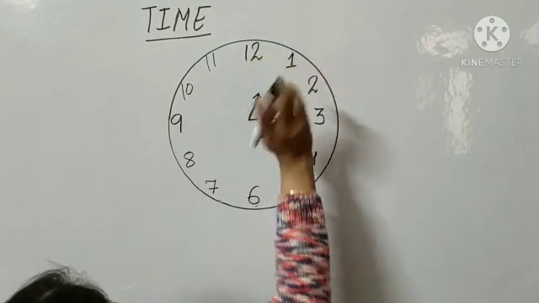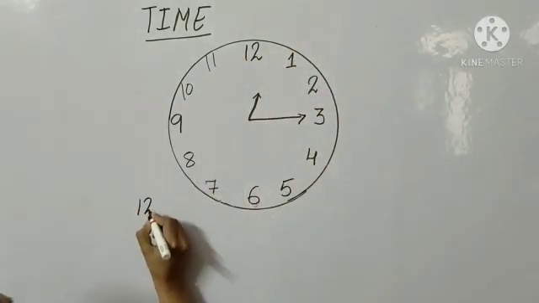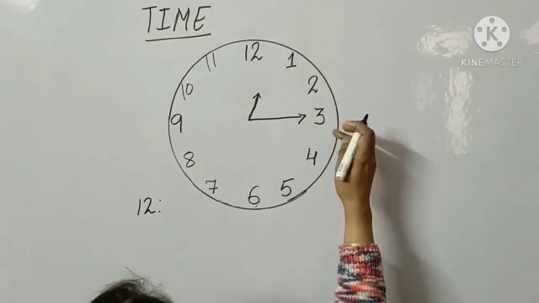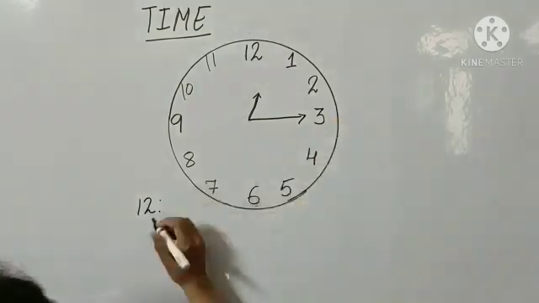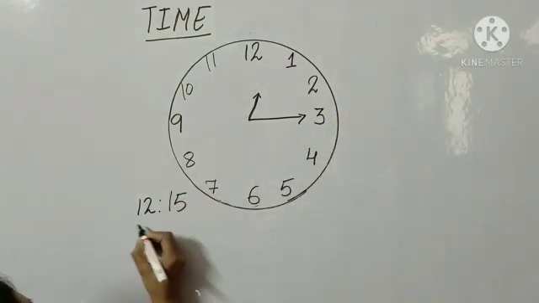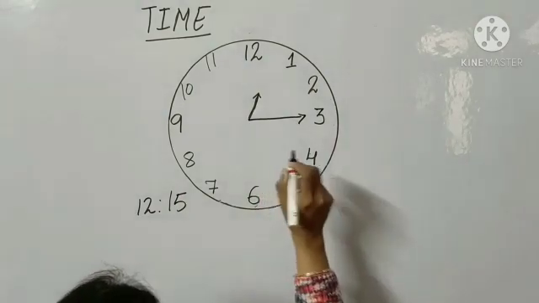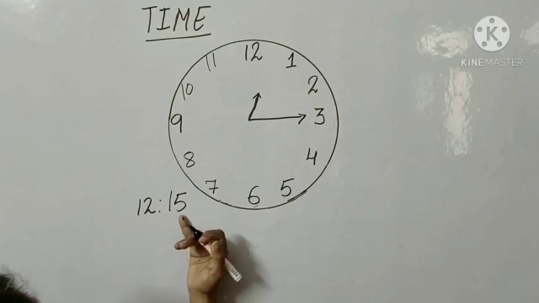So I will be considering it at 12 only. To calculate the minutes, you simply multiply this 3 with 5, and 3 fives are 15. So time is 12:15.